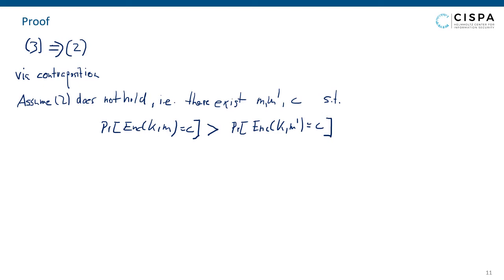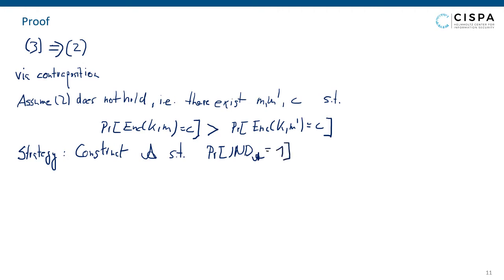So our strategy will be the following. We'll construct an adversary A such that the probability that this adversary wins the indistinguishability experiment will be bigger than 1/2, which is a contradiction of the third property, right?